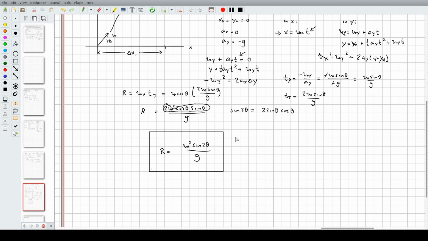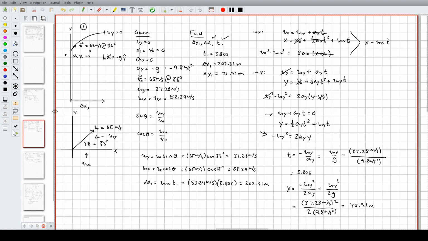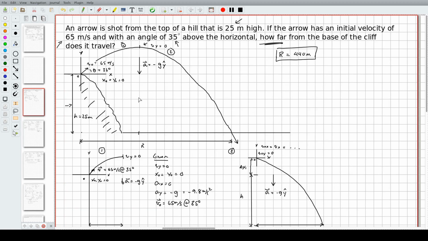Now, to be clear, though, it only works for symmetric problems. Now, you could conceivably derive your own range equation that would work on complicated problems like, for example, this one. We're not going to do that.